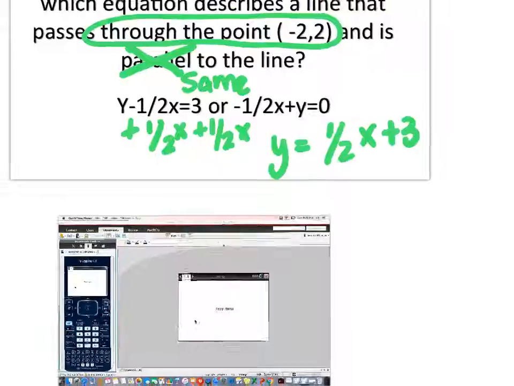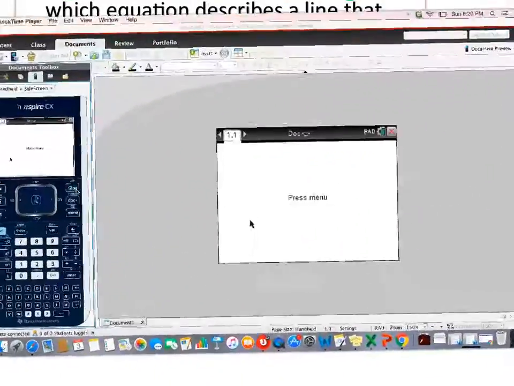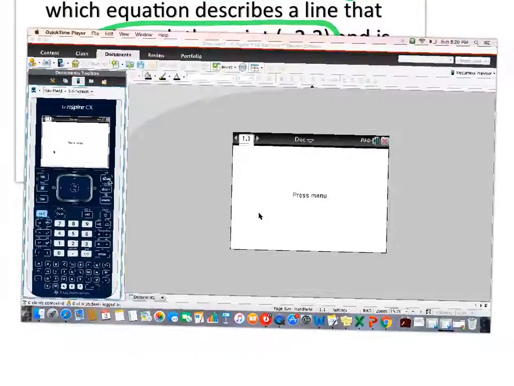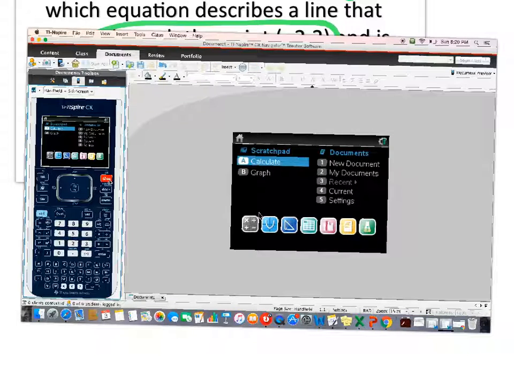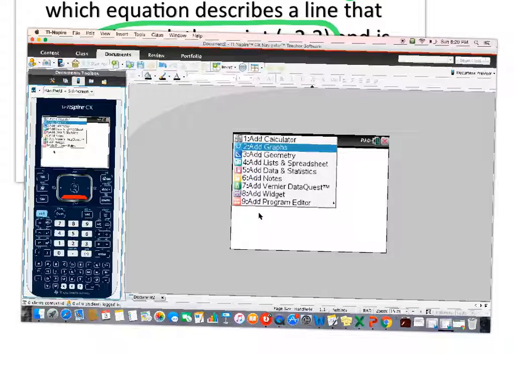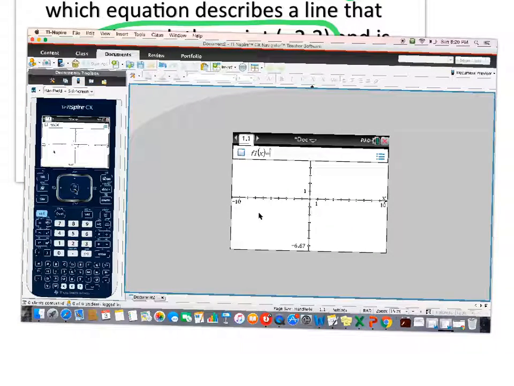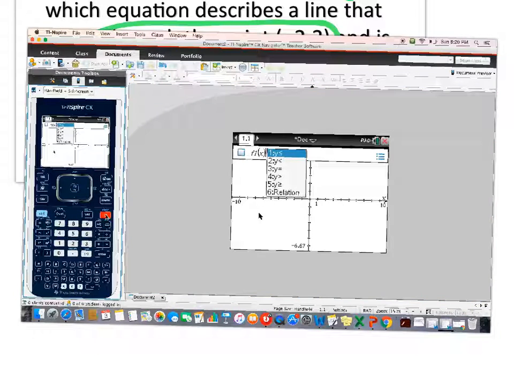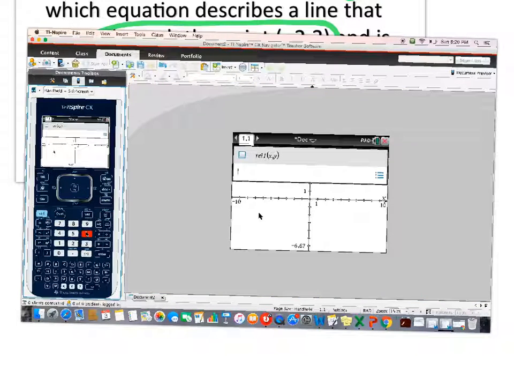So when I do that, I'm going to go to my calculator and I'm going to go to Home, New Document. I want to go to Graphs, and then after I hit Graphs, I'm going to go to Relation, and I'm going to type in that equation.